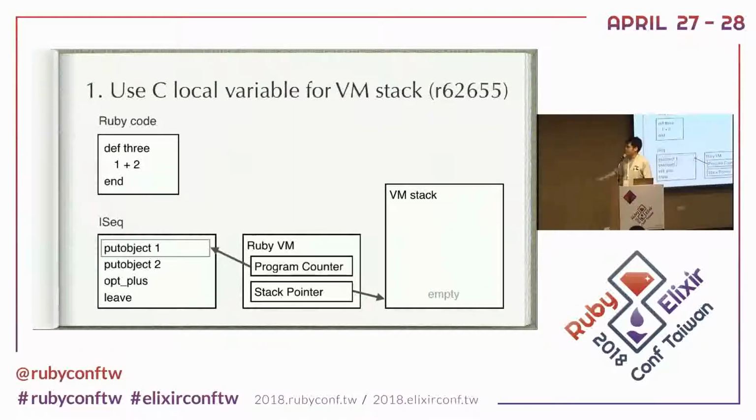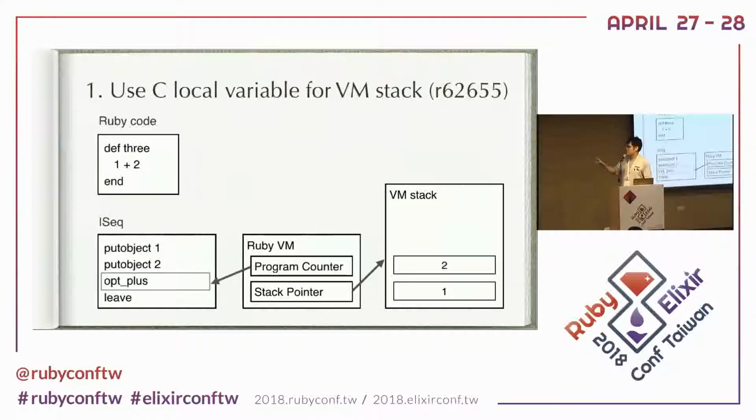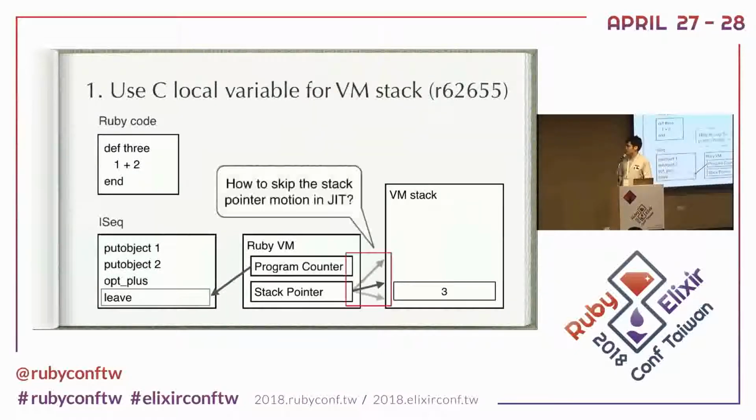RubyVM has 2 registers, the program counter and the stack pointer, and they move like this. It pushes the 1 and 2, and when the program counter points to opt plus, 1 is added to 2 to make 3. Then it's read and returns the 3.